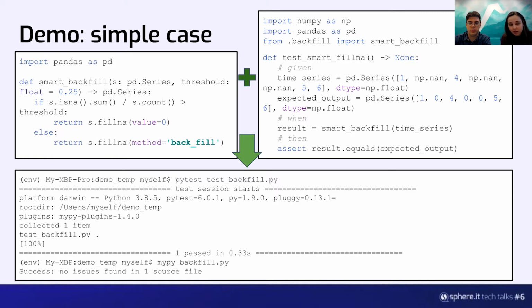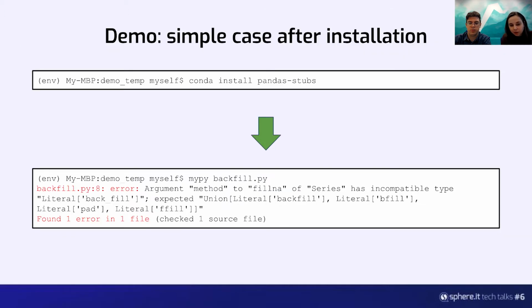We will get an immediate error saying that the string value back_fill is not proper, and we will also get the list of all of the correct values that we can use instead. This way we can prevent incorrect API calls even without running the actual code, as happens in the unit tests.